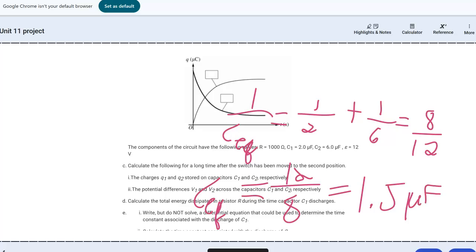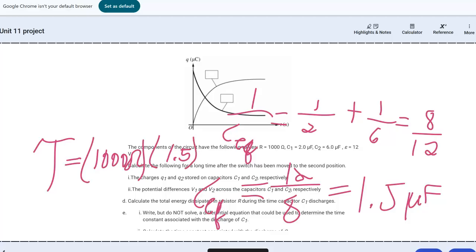And then our time constant, if that's our C, our time constant is RC, 1,000 ohms times 1.5, that'd be 1.5 times 10 to the negative 6, which gives 0.0015 seconds.